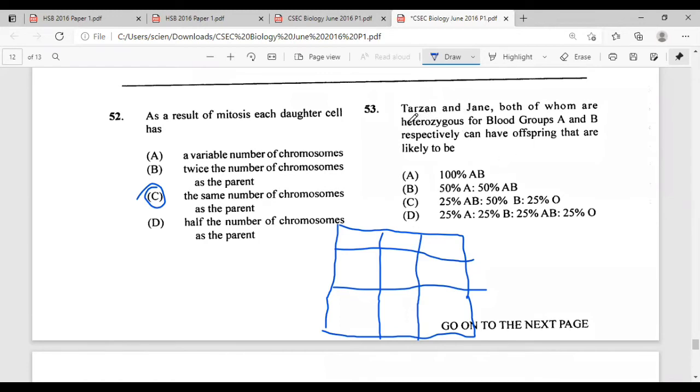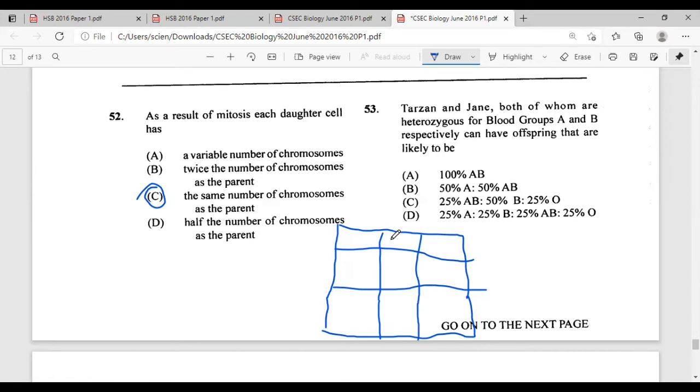Remember, they told us that both parents are heterozygous, meaning they would have a different blood type mixed in with the A. If they were homozygous, the father, Tarzan, would have capital A and capital A, and the mother, Jane, would have capital B and capital B. But because they're heterozygous, the other way to get blood group A is having it with O. So they are OA for Tarzan and OB for Jane.